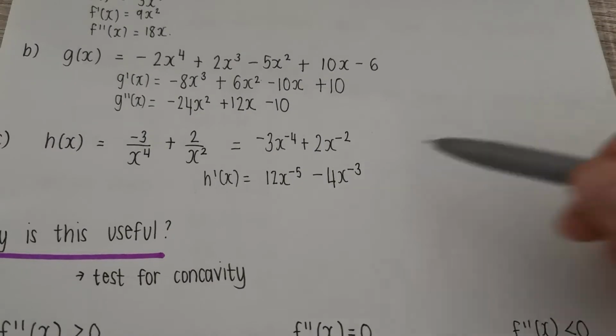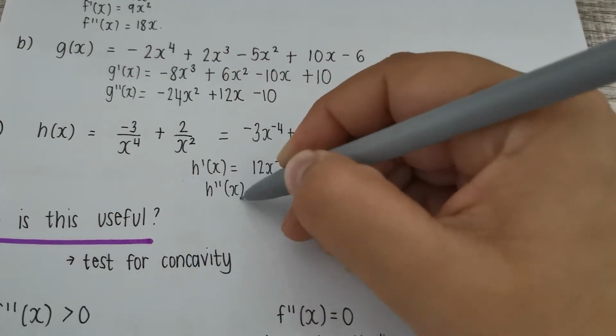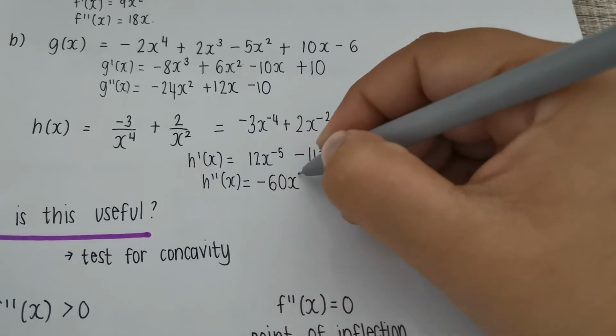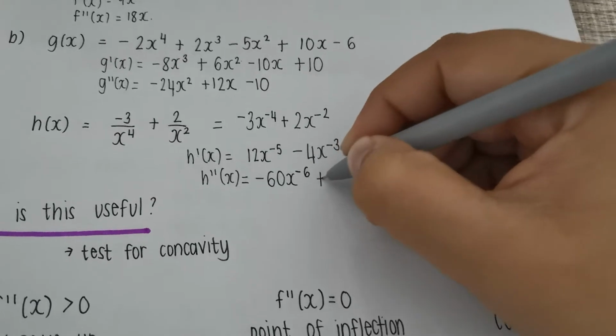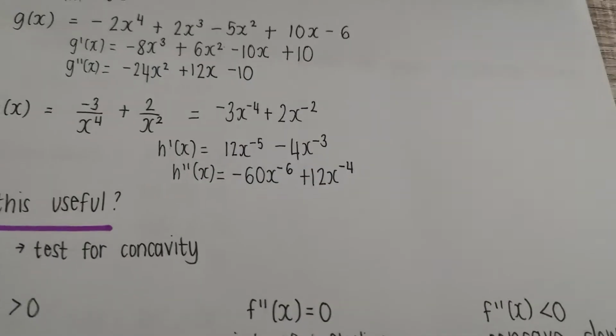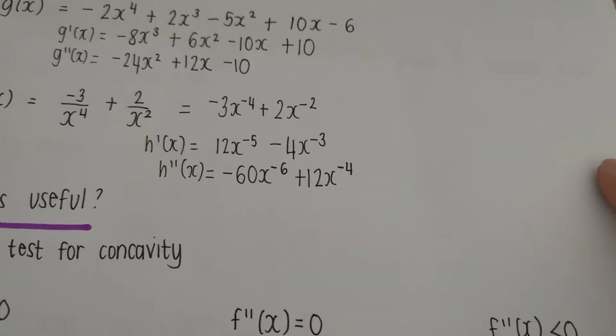Okay, just subtract 1 from each of the powers to find the second derivative. This is going to be negative 60x to the negative 6 plus 12x to the negative 4. And then you can rewrite this with positive indices. Okay, and that's it. That's finding the second derivative.